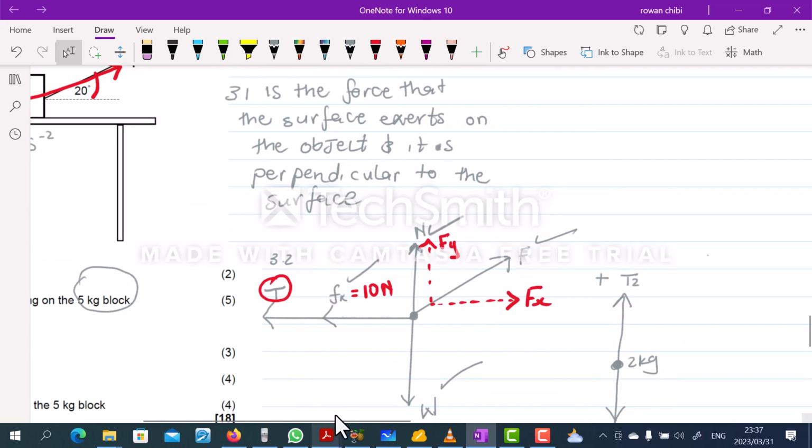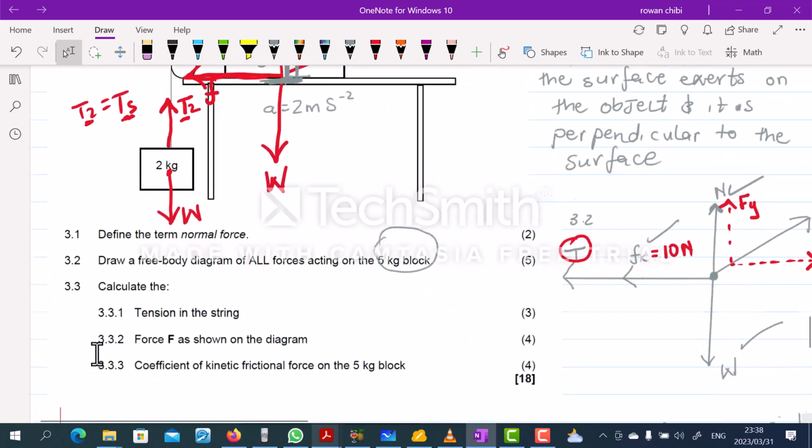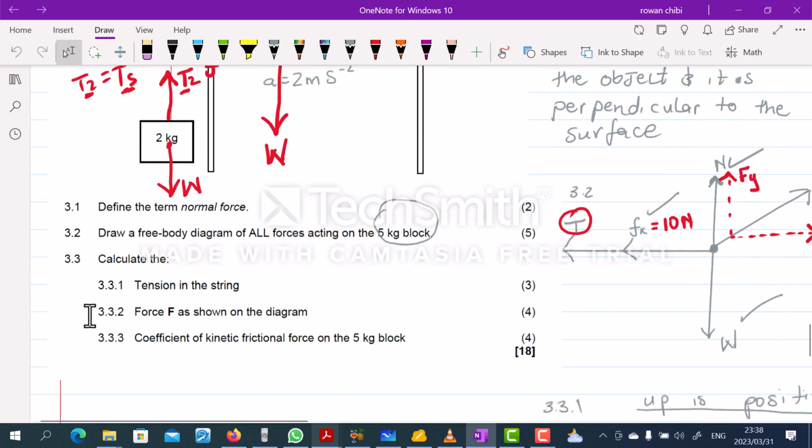Now let's look at the other question. The following question is 3.3.2. Calculate the force F as shown in the diagram.